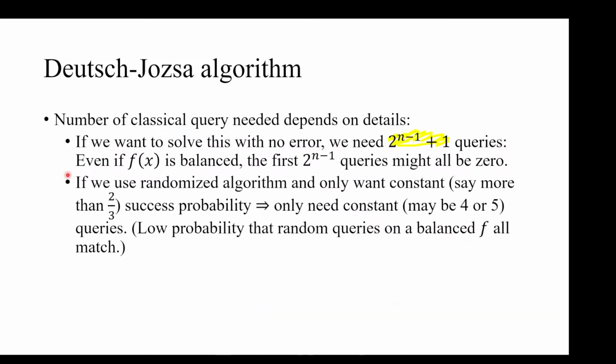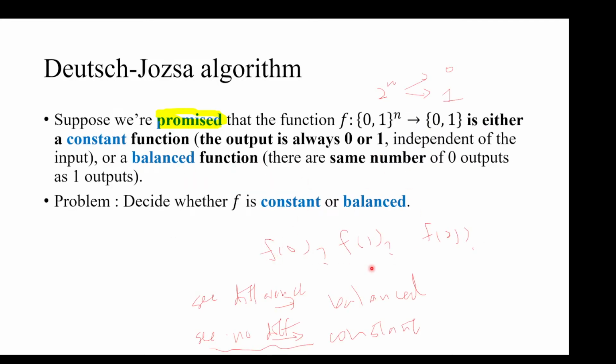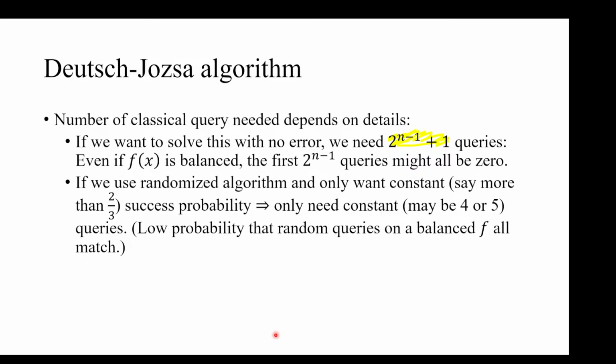And that is you need to see at least half plus 1, because if you are really unlucky, you can query your balanced function with a lot of queries and see half of the outputs being 0. You can see a lot of 0 here because half of them are 0, and you think it's a constant function, but it's actually a balanced function. You just keep seeing all the 0, for example. Okay, and so you want to make no mistake, you need at least 2^(n-1) plus 1 queries here.